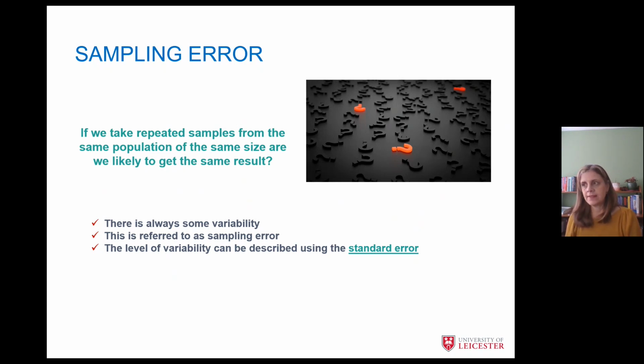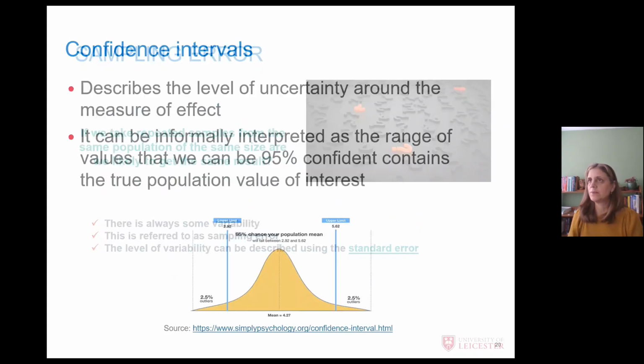Often this sort of variability, this uncertainty around your estimates from your sample, is quantified with a standard error, and it's also commonly quantified with confidence intervals, which are calculated using this standard error. So this standard error is some sort of measure of your sampling error. It's the uncertainty around your sample result.